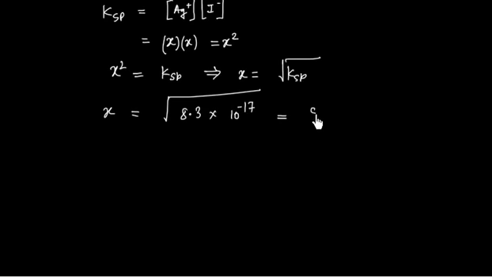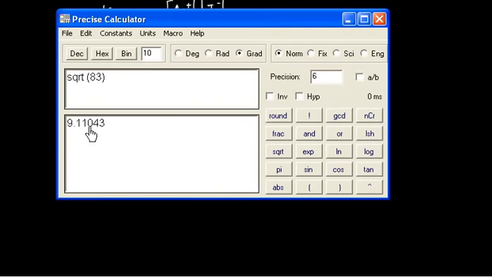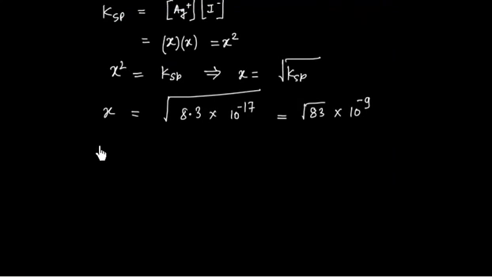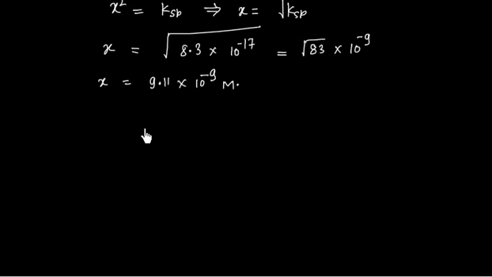So we can write 83 into 10 to the power minus 18, and the square root of 83 is 9.11. So x is 9.11 into 10 to the power minus 9 M. So the molar solubility of AgI in 1 liter solution is 9.11 into 10 to the power minus 9 M.